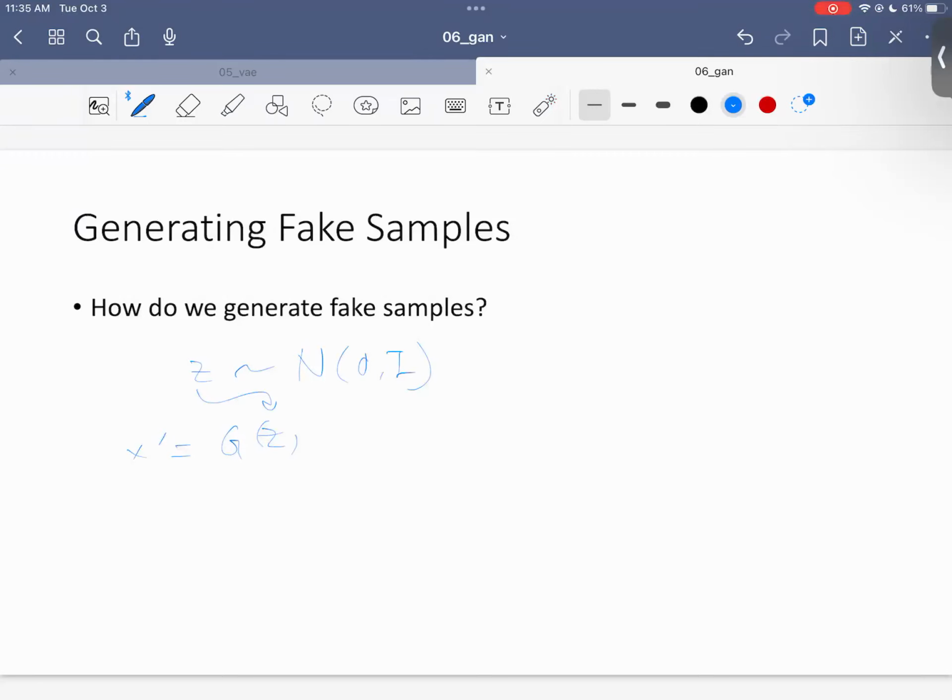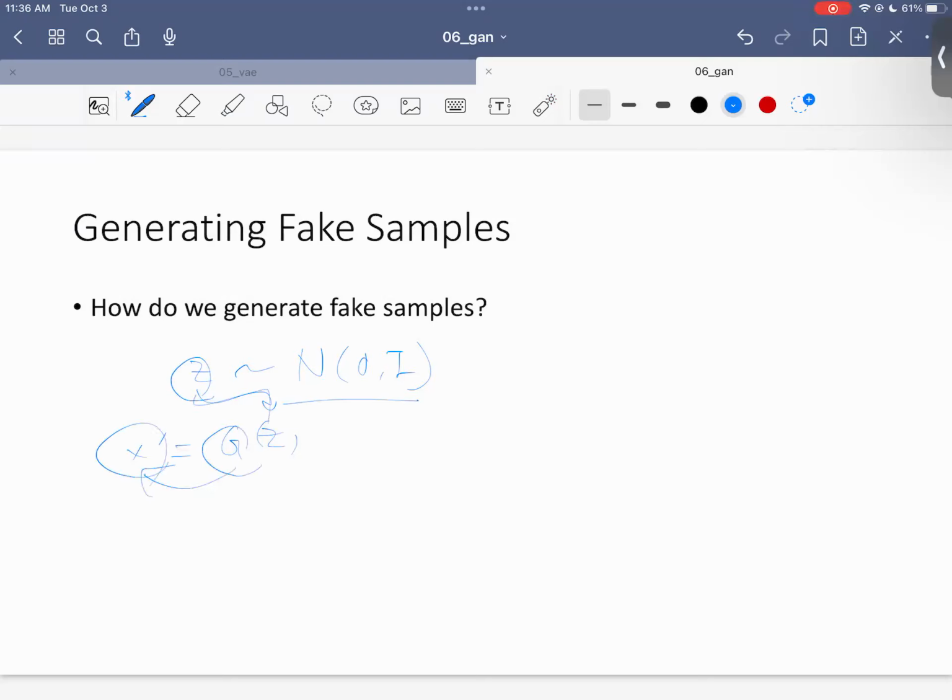If you're familiar with diffusion, or if you've ever used Stable Diffusion's demo website, it takes a long time to generate fake samples, like 8, 10, or 15 seconds, depending on how many users are using it. But in GAN, all you need to do is sample one Z from N or U, plug that in, and that is your fake sample.